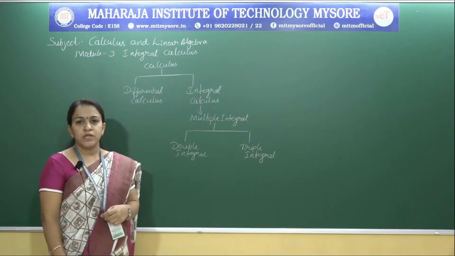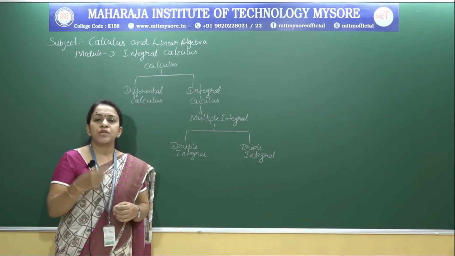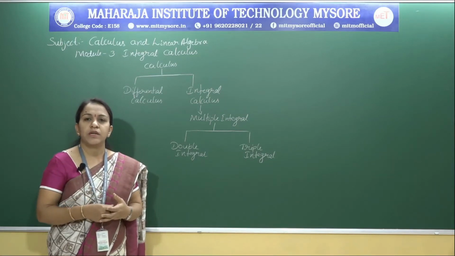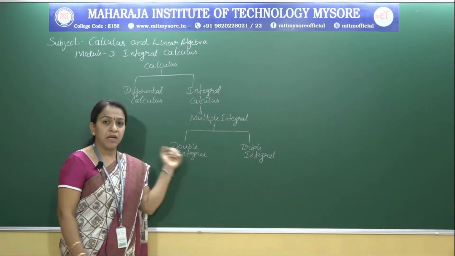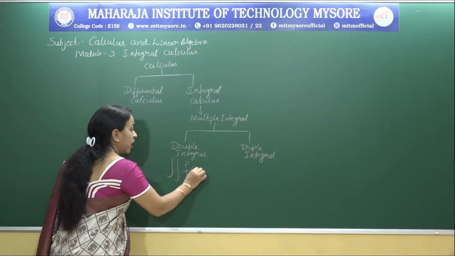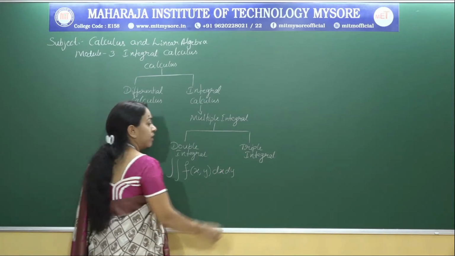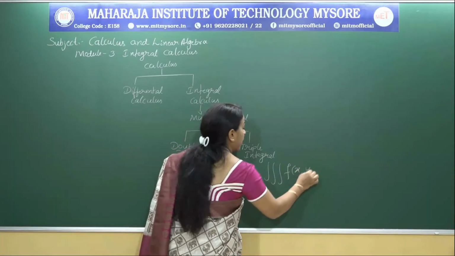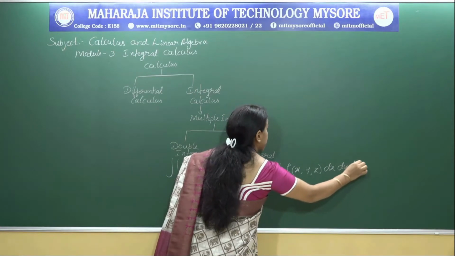Or in simple words, we can define double and triple integrals as a repeated process of integration of two or three variables over a given region, denoted by double integral of f of x comma y dx dy and triple integral of f of x y z with respect to x, y and z.